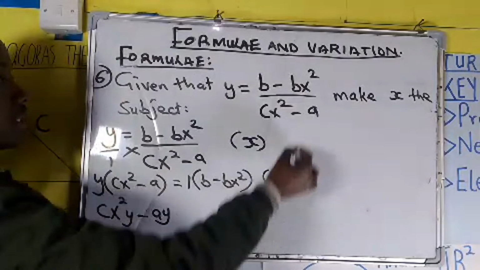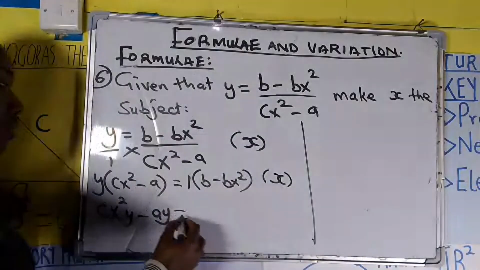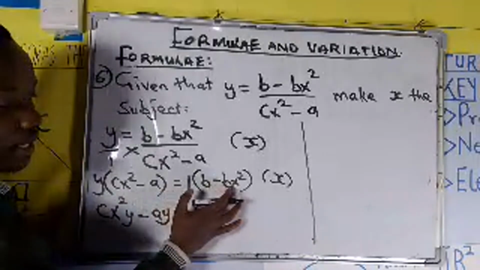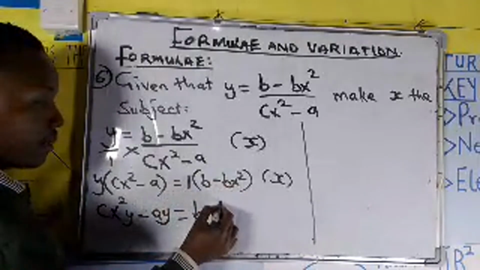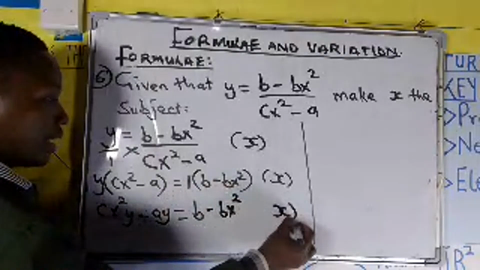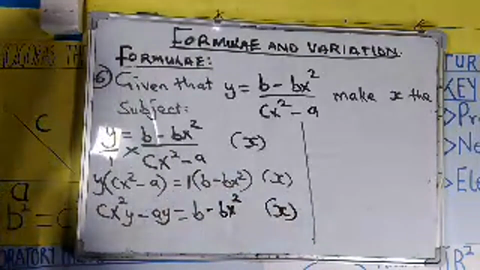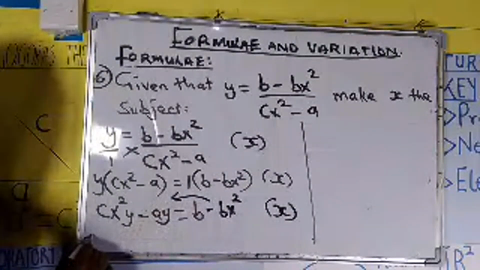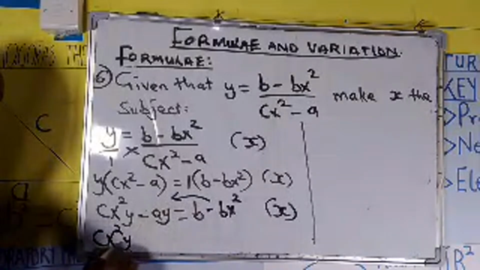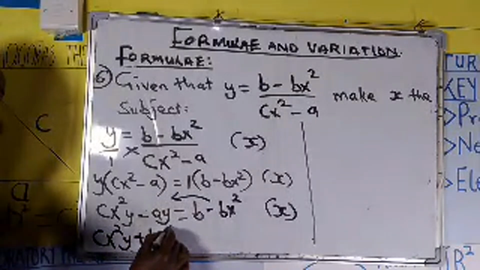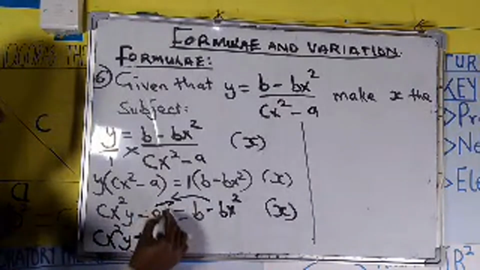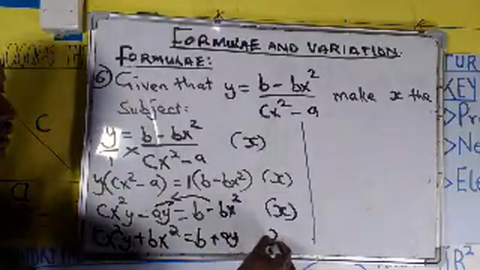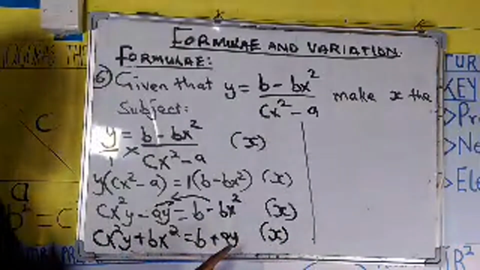Remember, we are still making h our subject, is equal to 1 times bh squared is minus bh squared. So tutaleta h zote in one side, tutaleta hii h huku, so ikue ch squared y plus bh squared, nayo hii tupeleke huko, is equal to b plus ay.